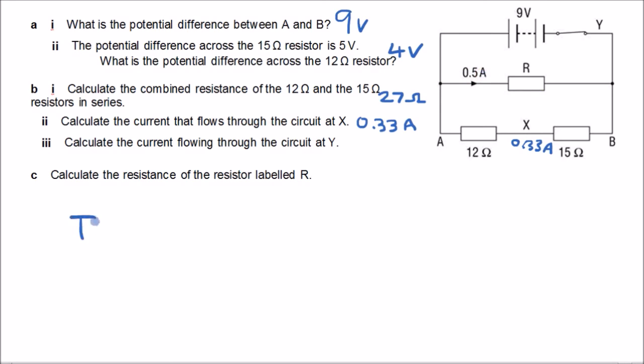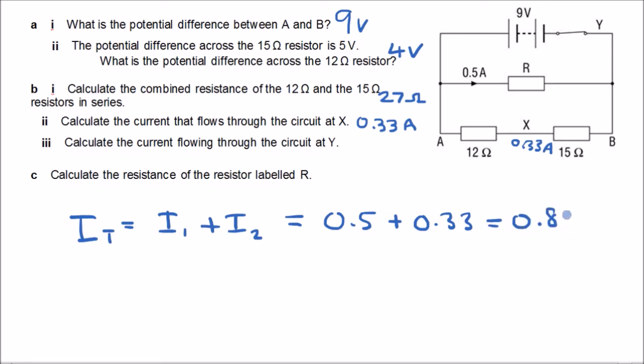So total current is equal to the sum of the currents in each branch. So we know it's 0.5 amps plus 0.33 amps, which gives us 0.83 amps traveling through Y.